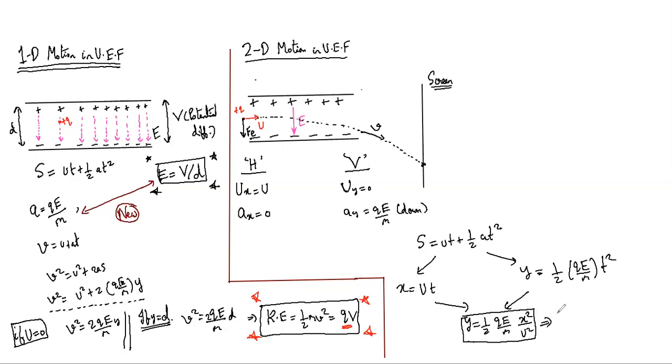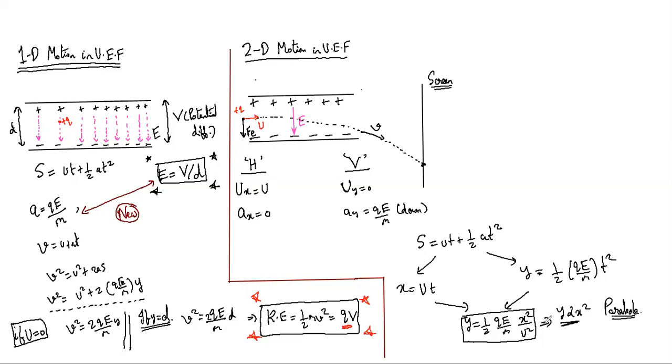So there is an equation of what? y is proportional to x square. ये किसका इक्वेशन है? जल्दी बताओ, किसका इक्वेशन होता है? सर्कल, स्ट्रेट लाइन, parabola. Yeah, so this is an equation of a parabola. That means the path of this charge will be a parabola.